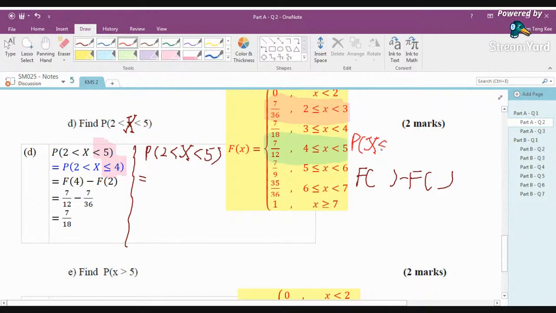This is minus less than or equal. And what we fill in is, consider inside this interval, what are the corresponding X values that we have? You have 3, not including 2, so you have 3, you have 4, 5 not included. How can you ensure that you have 3 and 4?